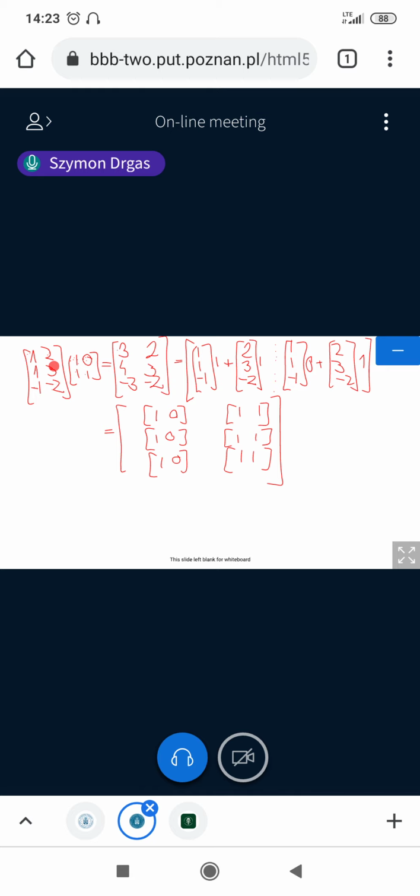So in the first row, the coefficients are 1 and 2. In the second row, it is 1 and 3.